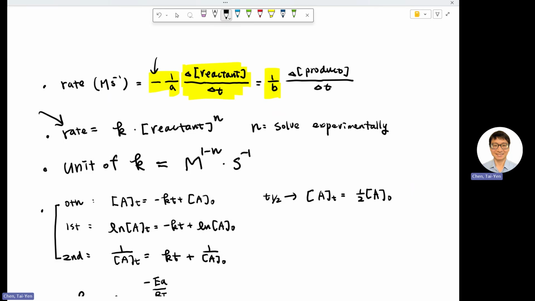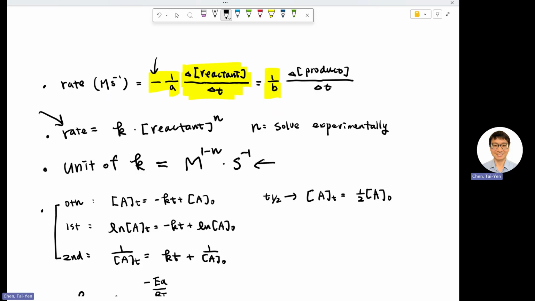The power can only be determined experimentally. When we talk about chapter 11, we always have these big tables. You write out those equations and do this equation division to figure out the orders of the reactants. Those are the things that you need to be really good at.